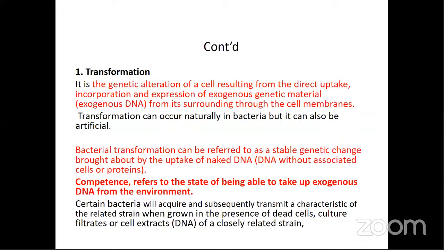Transformation can occur naturally in bacteria, but it can also be artificial. So in an environment, for example, in the lagoon, in the river, in the ocean, inside the soil, on the leaf, wherever, in their natural environment, bacteria can take up DNA from another bacteria.